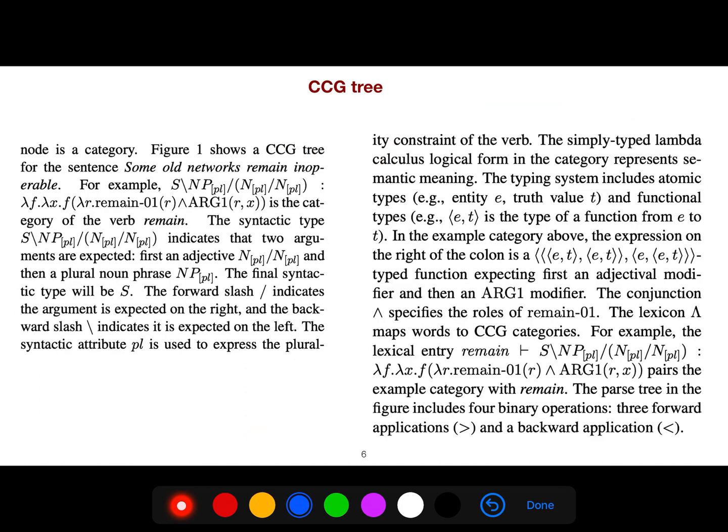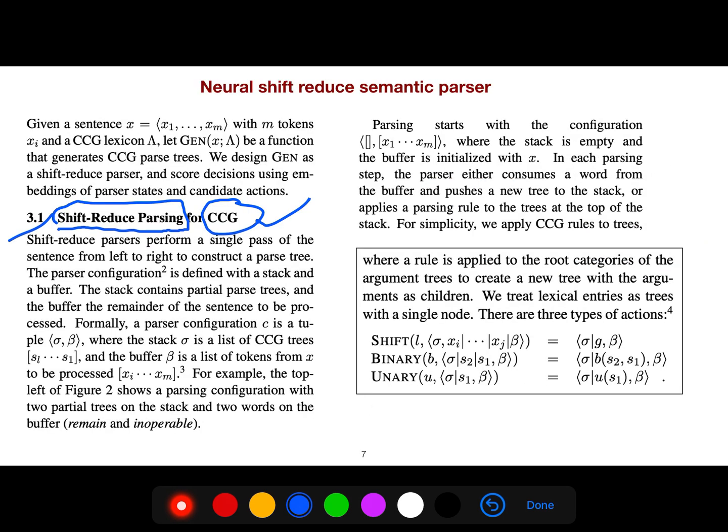So in this CCG tree, for example, we have types. You have entity, and your output is true or false, is Boolean. And we have also complicated types, because each word has a category. As I said, when I say category, it means a supertag.